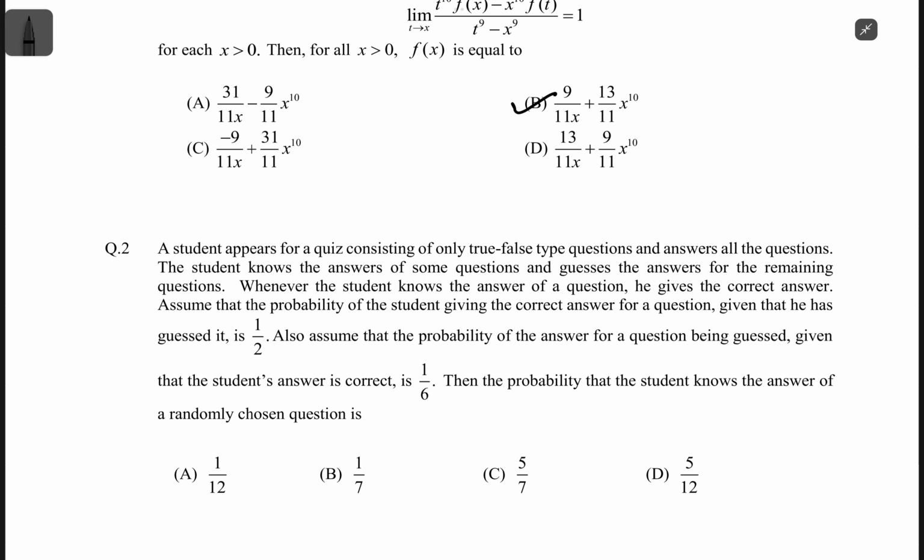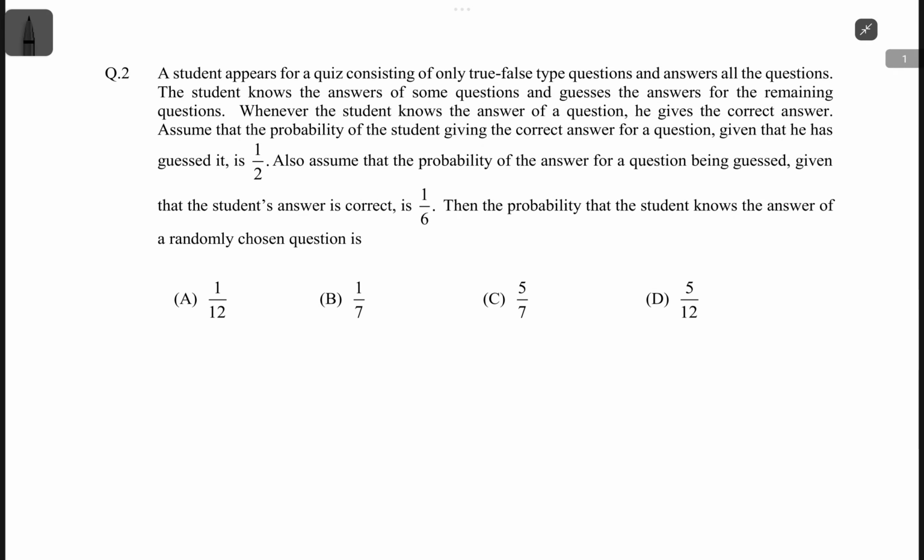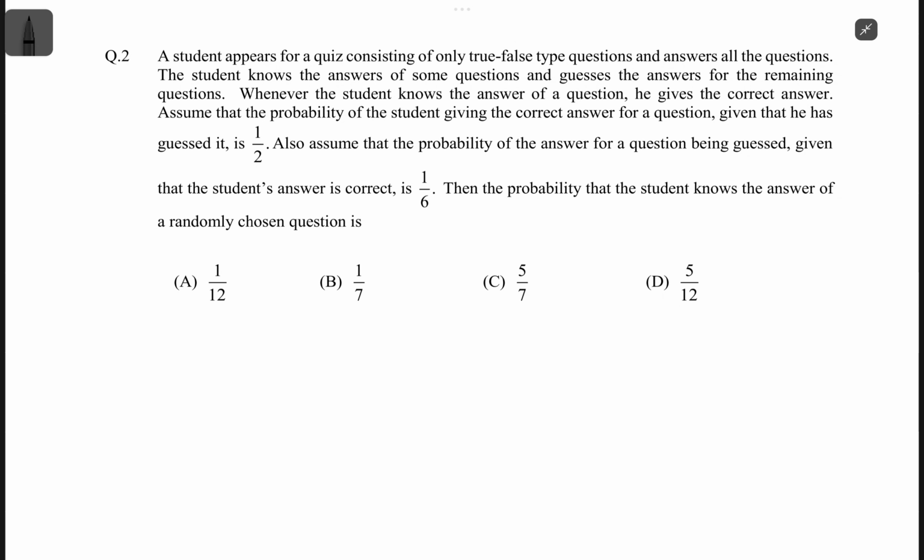Okay, next one is a probability one. A student appears for a quiz consisting of only true false type questions and answers all the questions. The student knows the answers of some questions and guesses the answers for the remaining questions. So whenever you get these questions, you should first make a chart, or something that looks like a mind map.